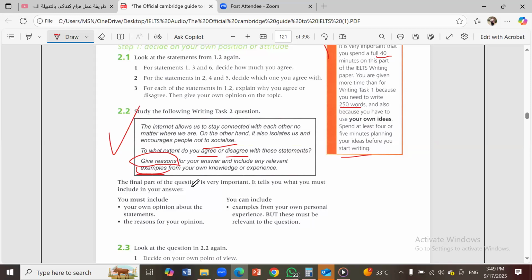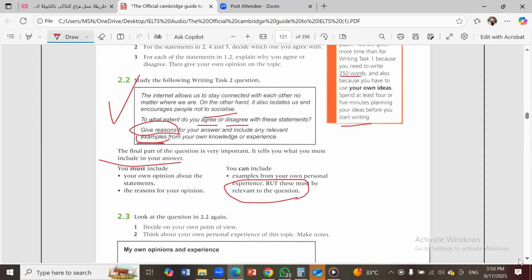That's why he is saying to you here, the final part of the question is very important as it tells you what you must include in your answer. Your own opinion, the reasons, examples, and relevant words in the essay. Relevant to the question, don't write external data, not to lose marks.